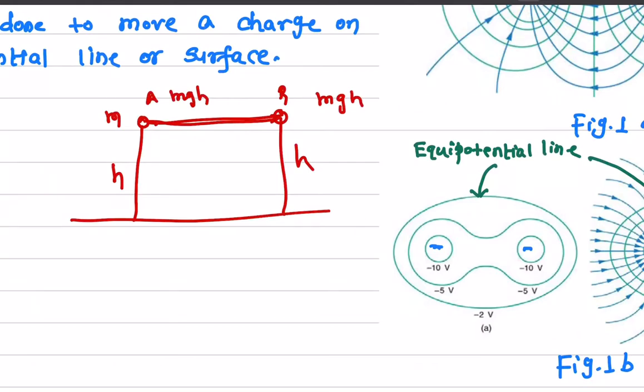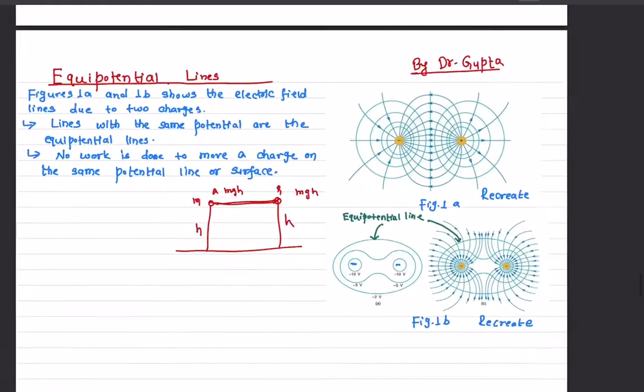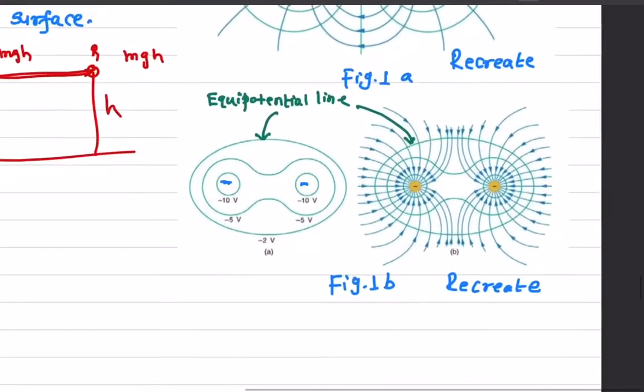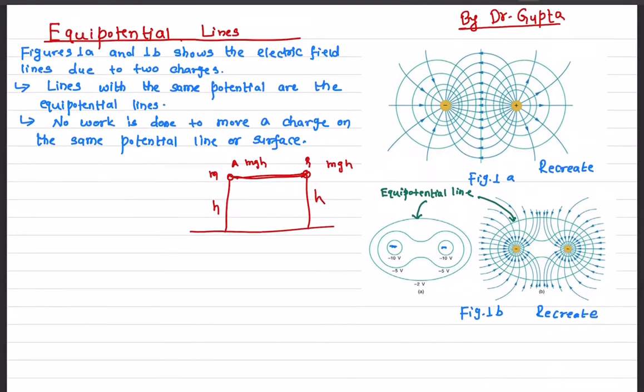The potential energy at this point is still mgh, and at this point it is still mgh. If there is no change in the potential energy, then there is no work done, because it is a conservative system.